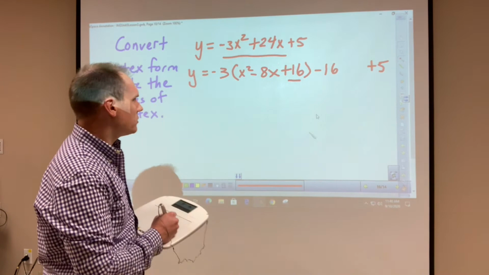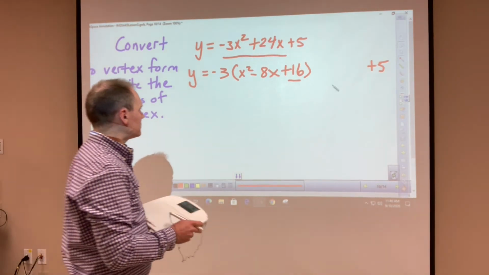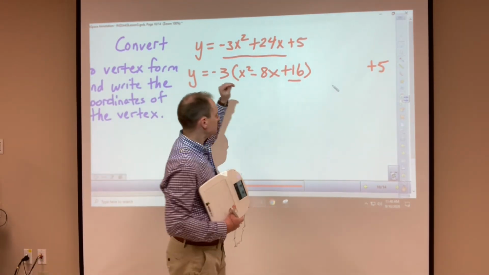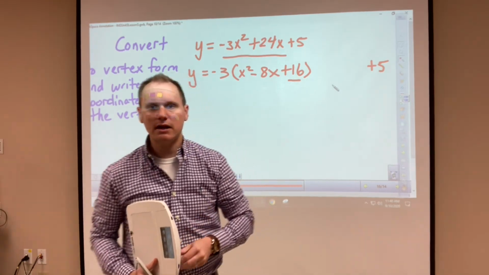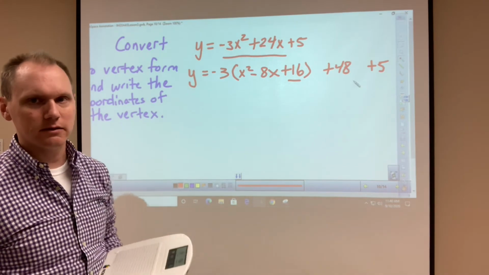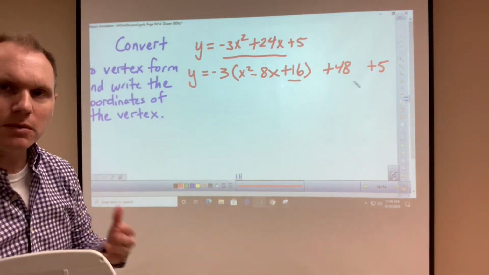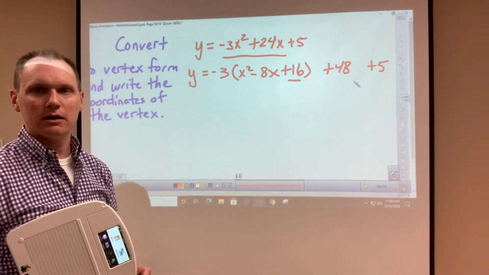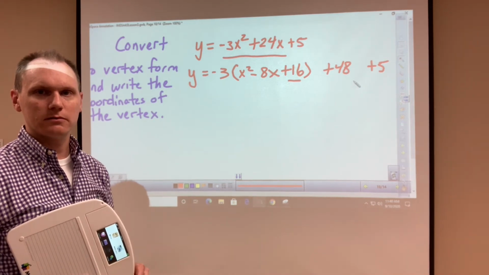So this is really minus 48. So to compensate that, I need to add 48 on the outside. Okay? So take a minute and just pause and think through that step for just a second.